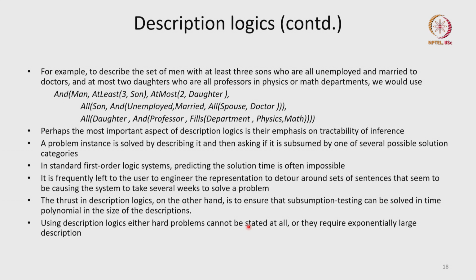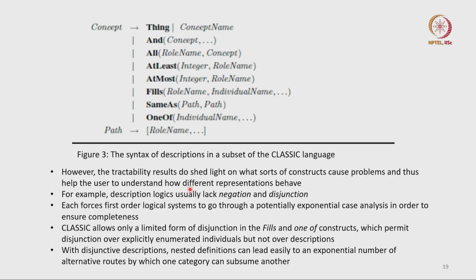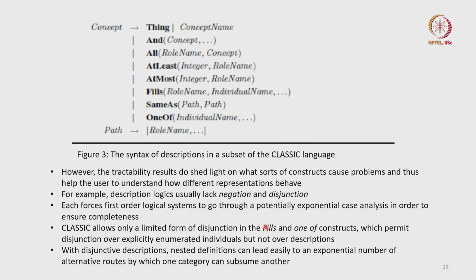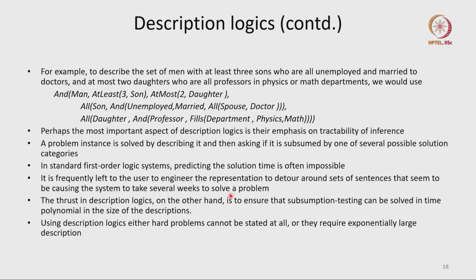So, that is the problem with some description logic. Description logics usually lack negation and disjunction. When you are using things like fills, some type of negation actually will be taking place there. So, here when we say fills department physics, math, etc.